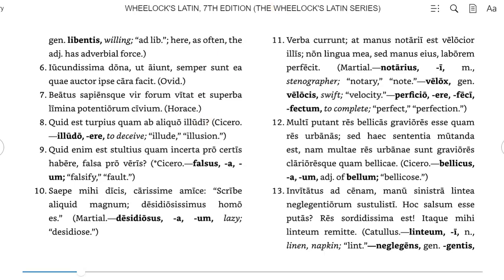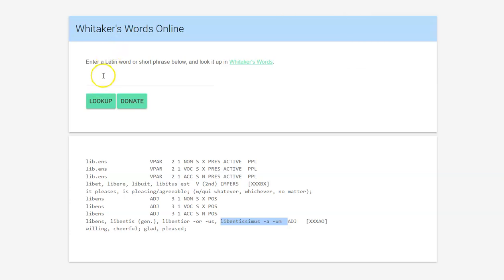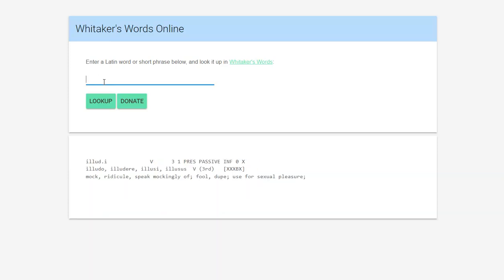Again, if you're unsure about these things, you have to take the time and write these things out. So there's our present passive infinitive. So that means to be.